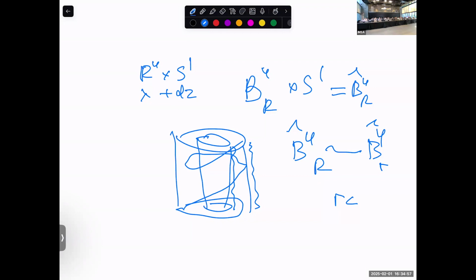And this is, as I said, discrete data. So essentially, this splitting completely defines the contact type. So either we have a very dense set of these splittings, all of them different, or among them there is a very dense set of embeddings of the same boundary which bound non-contactomorphic domains.